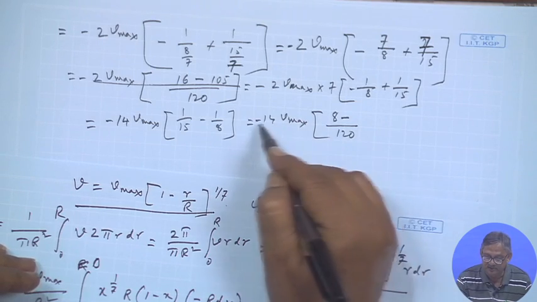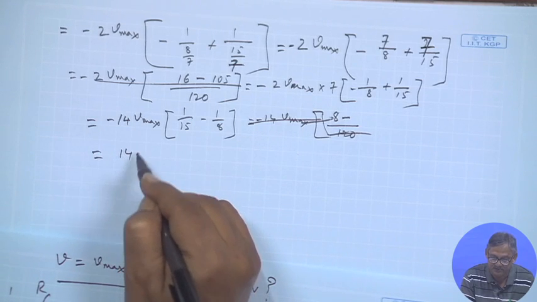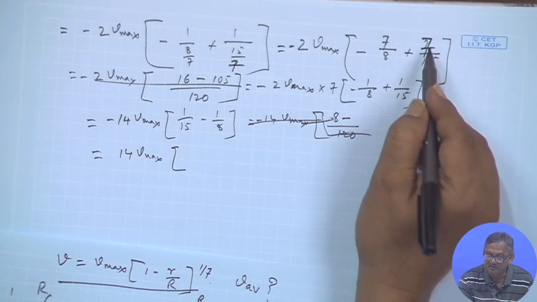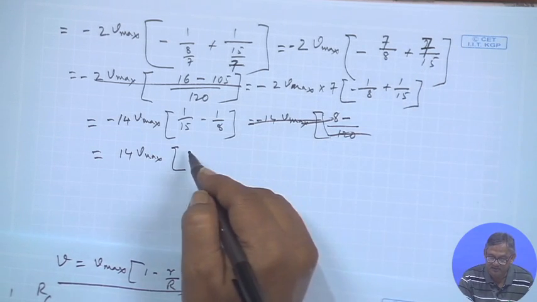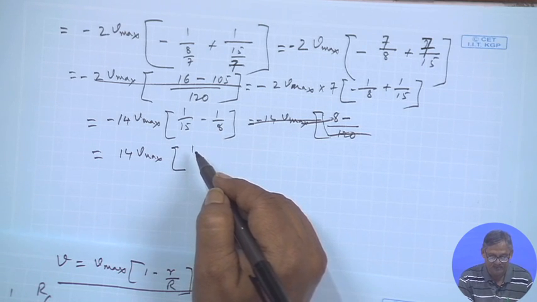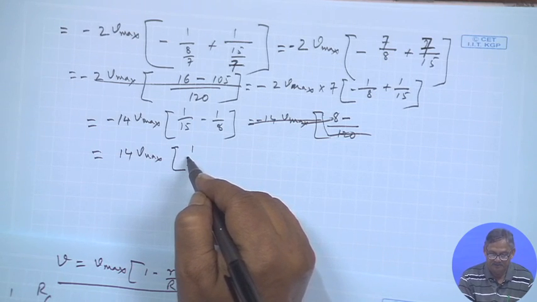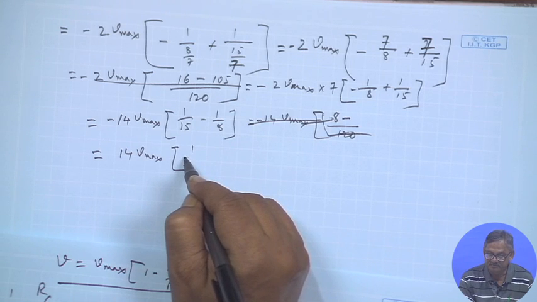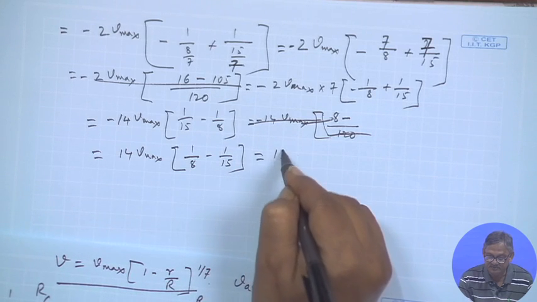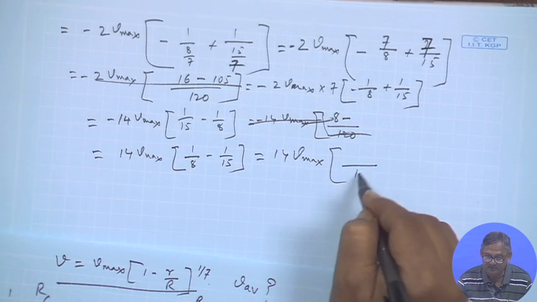If the negative is still there, then we can take that negative inside 14 V max, so that it becomes 1 by 8 minus 1 by 15. This is 14 V max over 120 now.